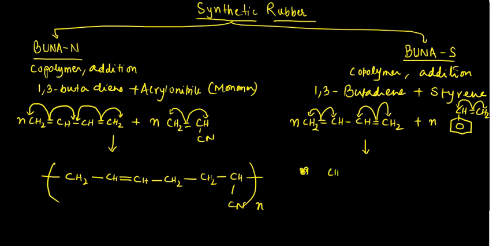So CH2, one hand open, CH double bond CH, CH2 hand open, bonds with CH of styrene, CH2 of styrene.